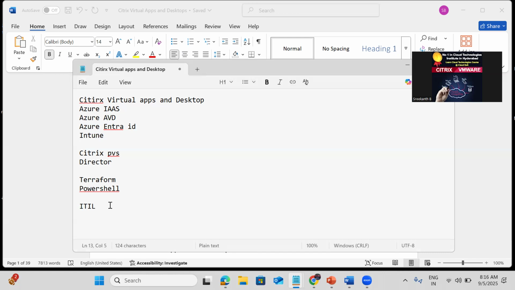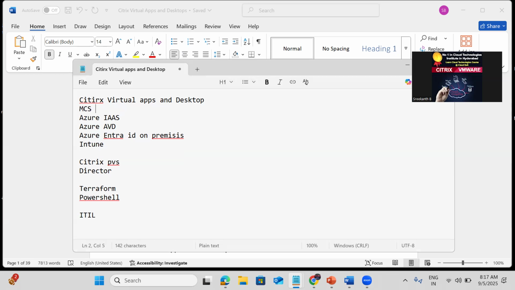Here we have some sync kind of thing, where on-premises data can be synchronized to Azure AD. So we'll get that knowledge too, because while using MCS, I'll cover it from XenServer and Azure sides, and we can integrate them. It means our hosting infrastructure is not on Citrix Virtual Apps and Desktops.